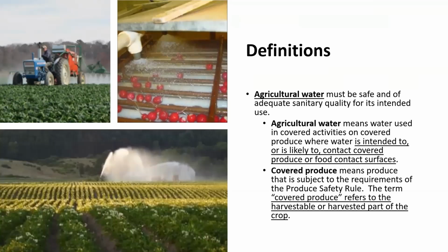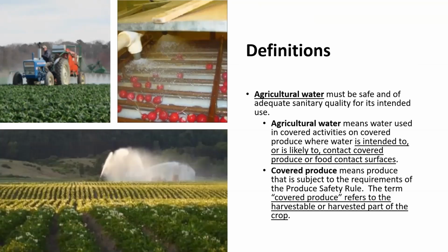So agricultural water is broadly defined as any water you're using that's going to contact the crop itself or any surface that that crop is going to subsequently contact. Within this particular regulation, it states that any agricultural water must be safe and of adequate sanitary quality for its intended use.